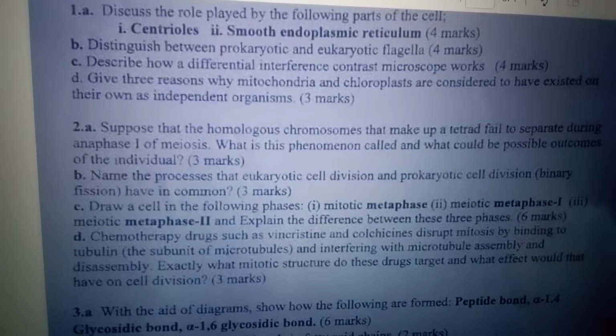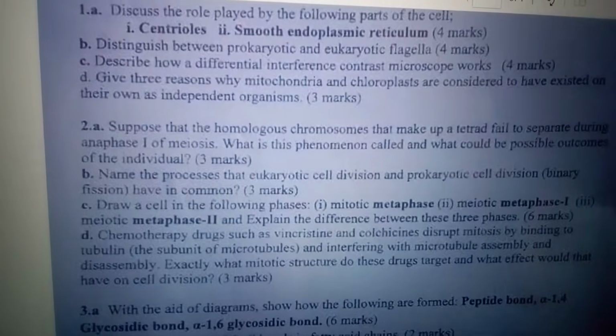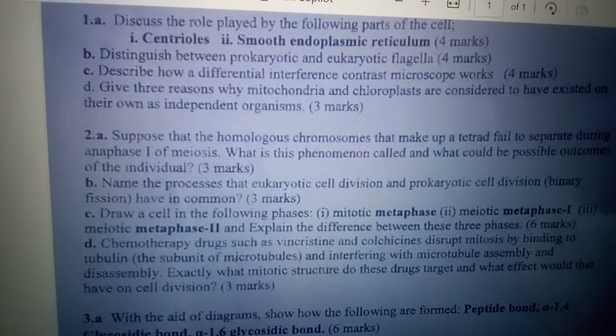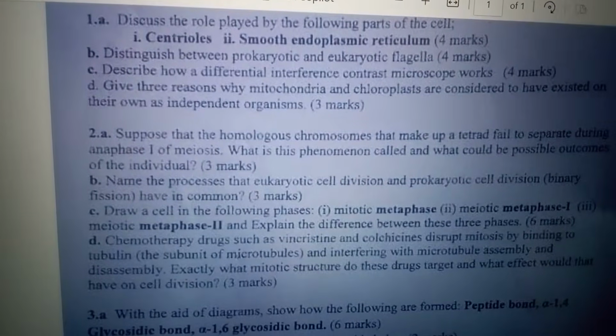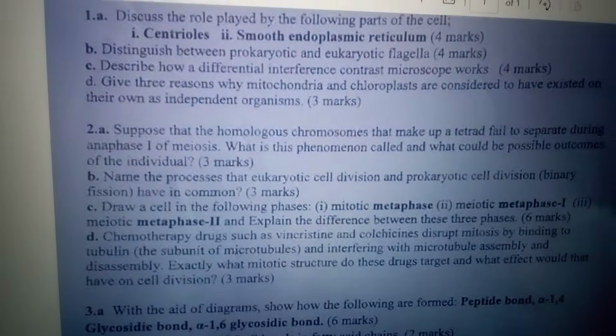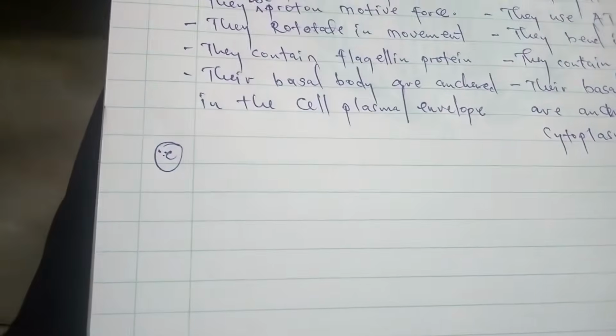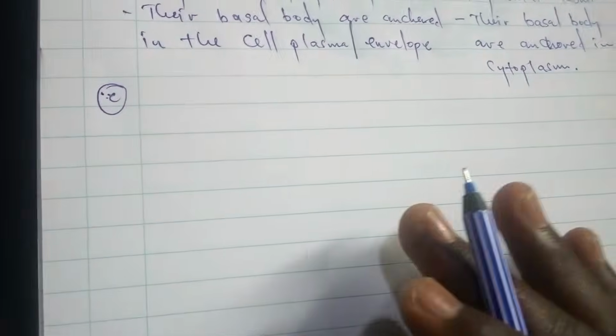They are saying describe how the differential interference contrast microscope works. 4 marks. One thing you should know is that the differential interference microscope, the other name is Nomarski optics.